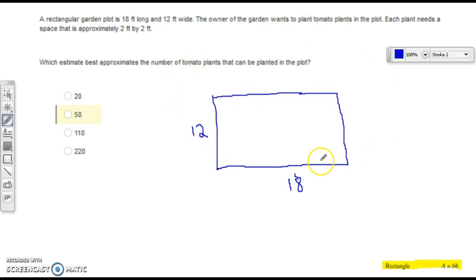So the entire area, I'm going to go ahead and figure out the entire area of the whole thing would be 12 times 18, which is 216. So this area is 216 feet squared.